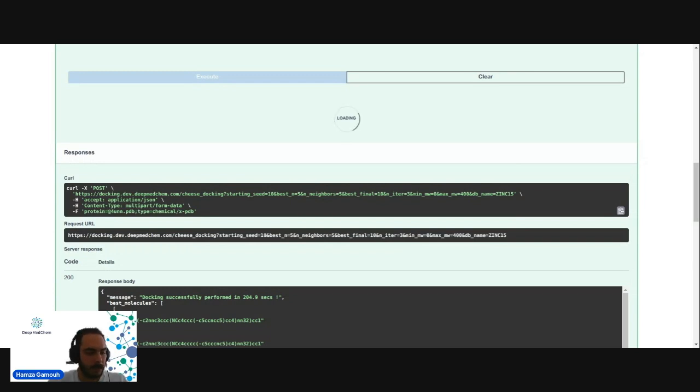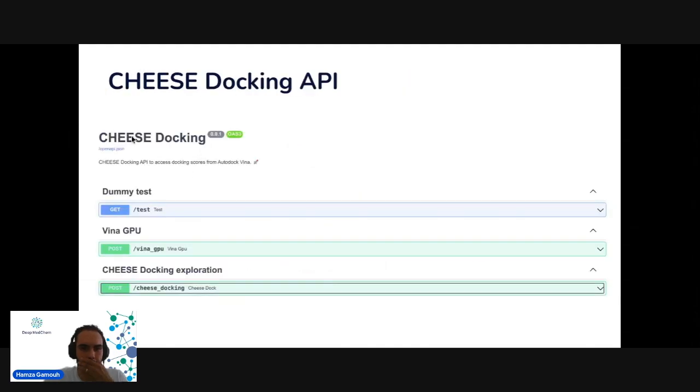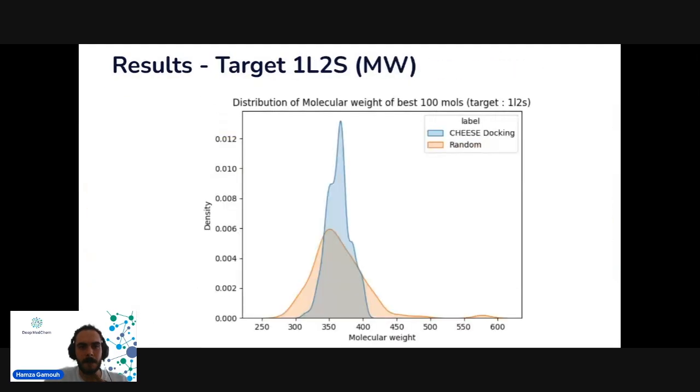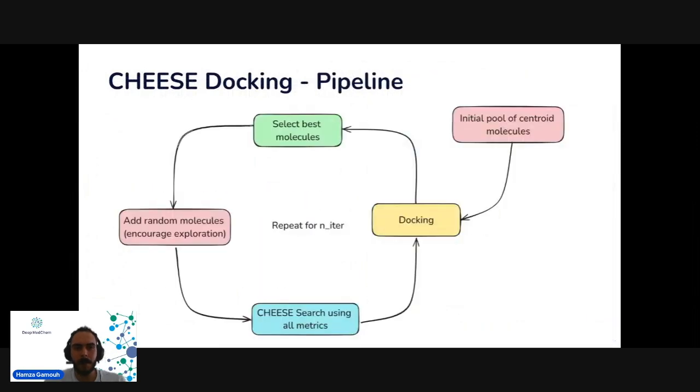I will go back to the presentation, maybe to this pipeline. The cheese search takes all of the best molecules that are docked from the previous iteration and feeds them to our search pipeline, which searches by all of the metrics.